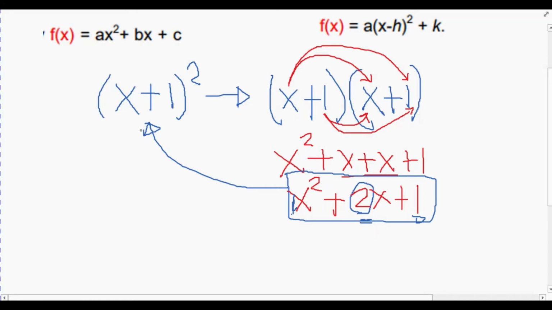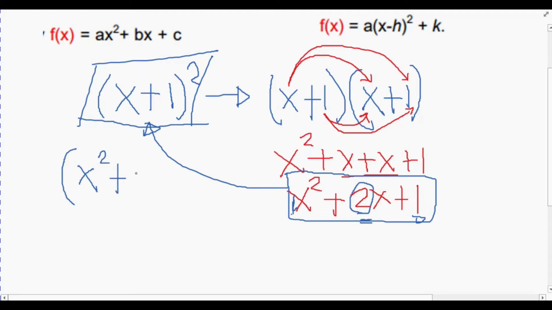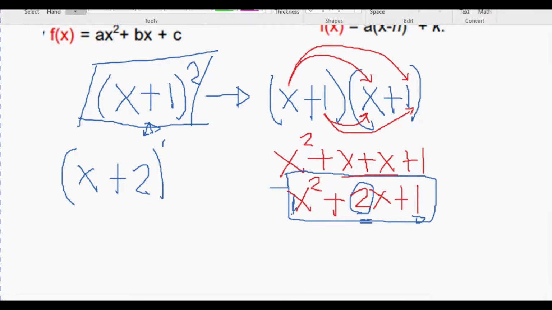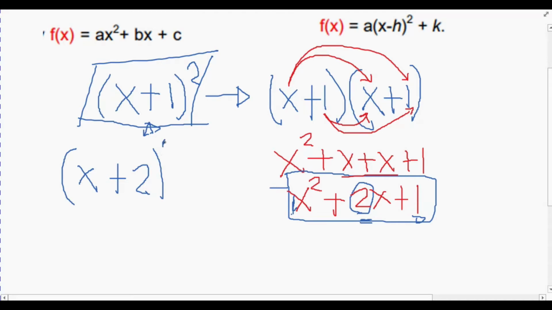So in short, when we find the square of a binomial, for example, x plus 2 quantity squared, how do we find directly the square of this binomial?